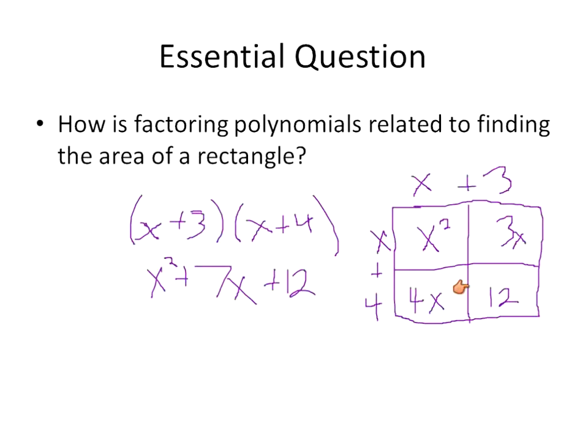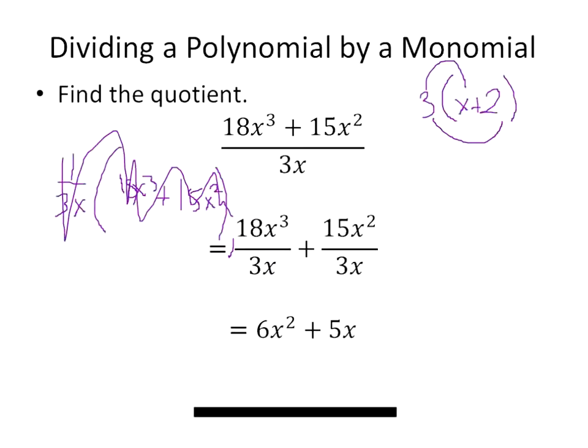This times each of these, and this times each of these, and we ended up with the area. And if we took the area and we wanted to find the length of the sides, we'd end up with distributive property.